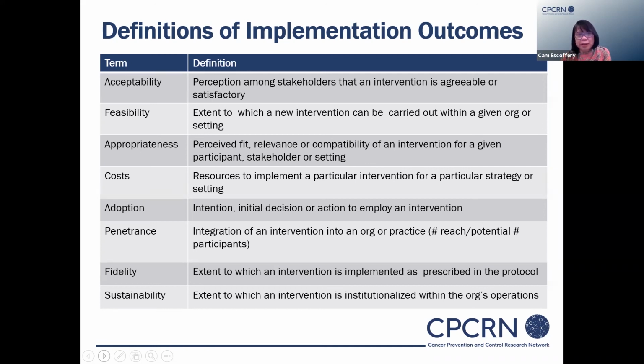So if you're doing screening, it might be the number of people who are age or gender eligible in your population, and you would have that underneath reach. Fidelity is something that we often want to know because we want to make sure that the program is implemented as outlined in an implementation manual or as prescribed. And of course, sustainability. We actually talked about sustainability as a process indicator in our work group as well.